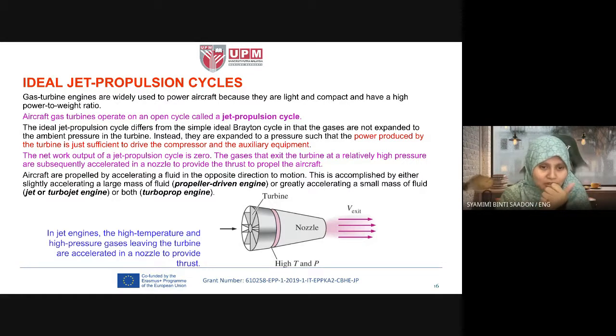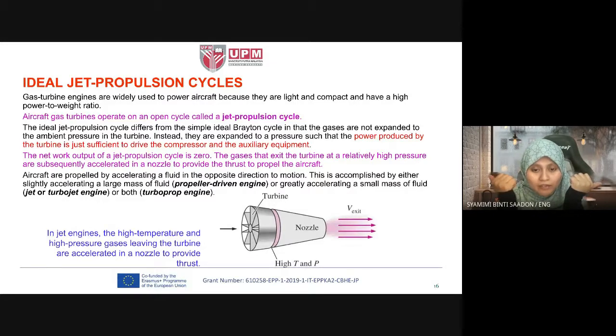The Newton's third law said, right, there's always one force and another force in the opposite direction. So that's how the jet propulsion cycle process is done as well, according to Newton's third law.